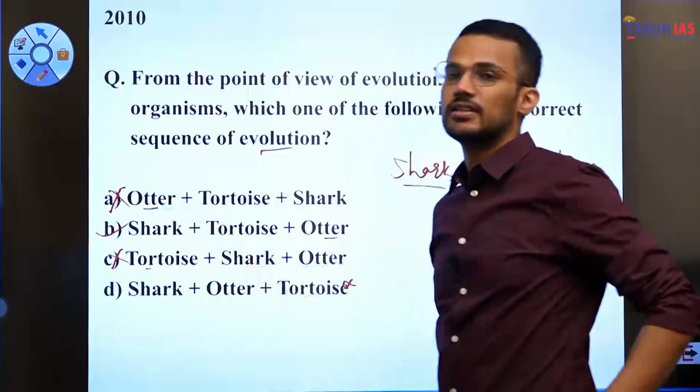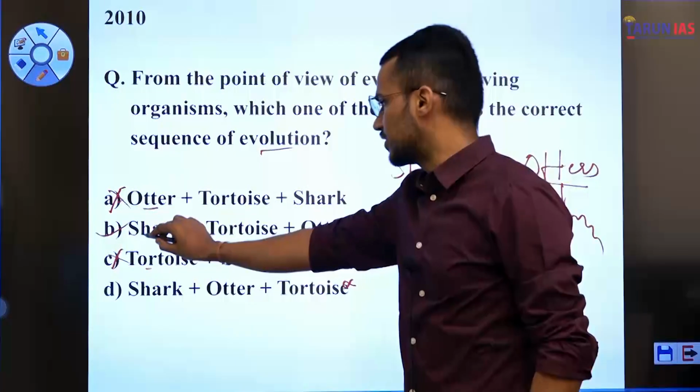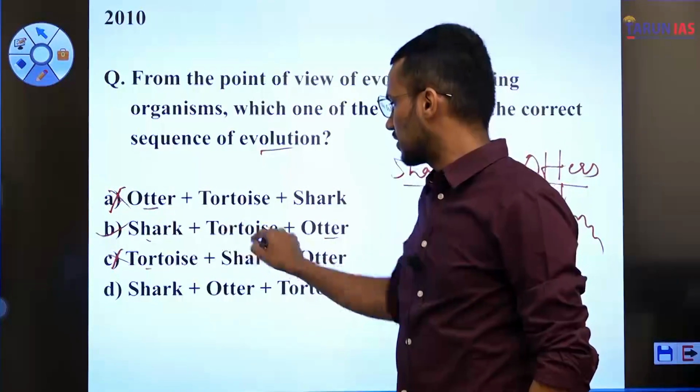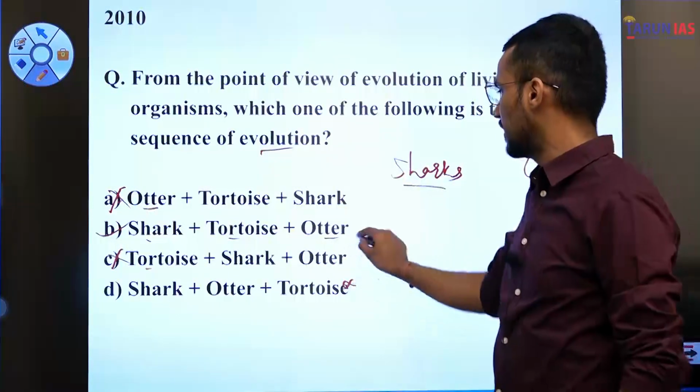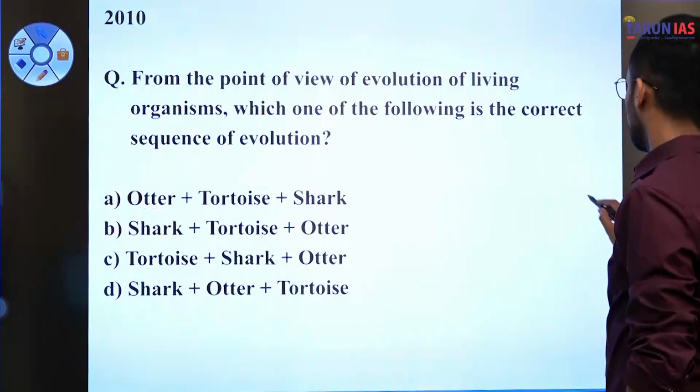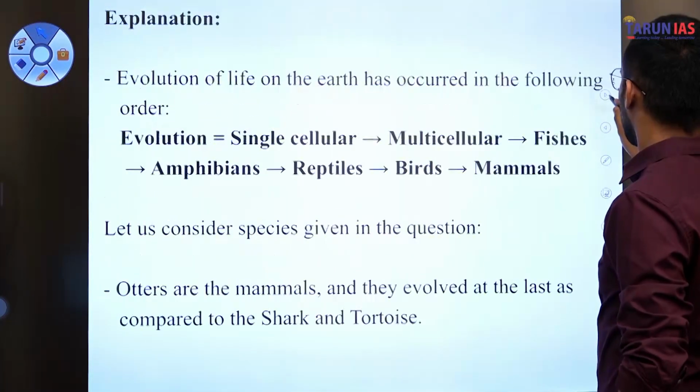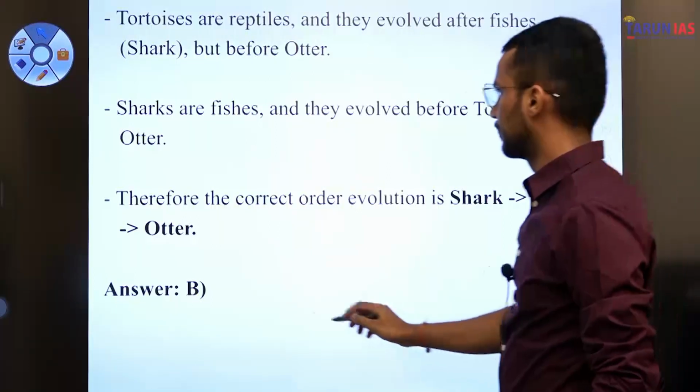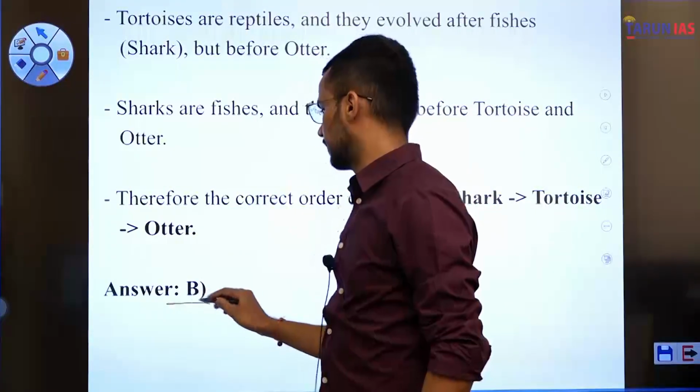And that's why your answer is B. Firstly, sharks evolved. After sharks, it was tortoise and finally otter. So the answer for this question is B.